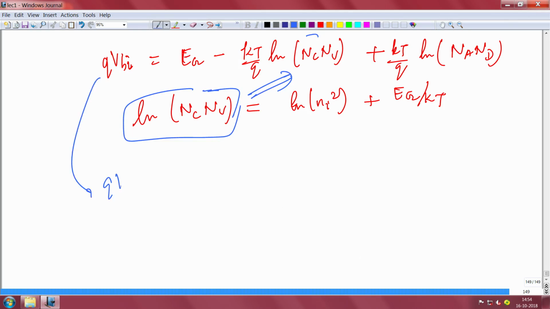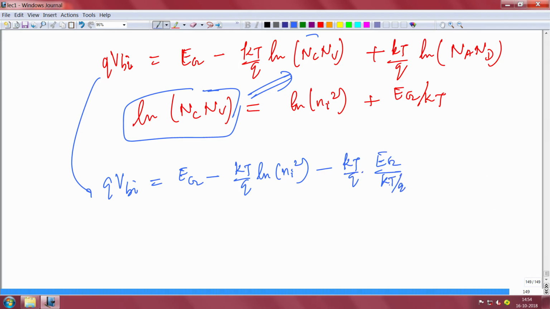I'll write this again, QVBI equal to Eg minus kT by Q ln of Ni square, minus kT by Q into Eg by kT. Of course there will be an extra Q there, so that cancels out here, and then plus kT by Q ln Na Nd.